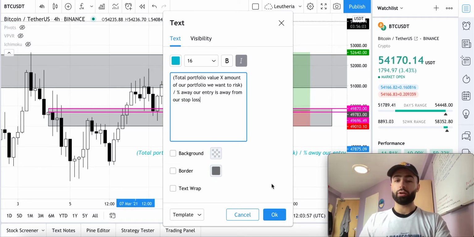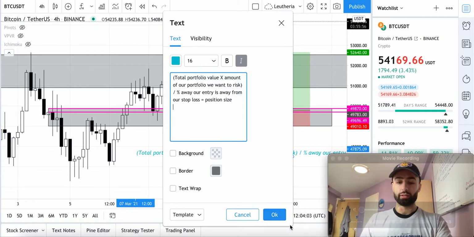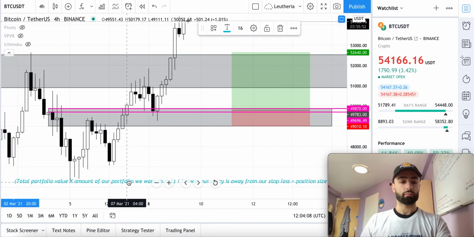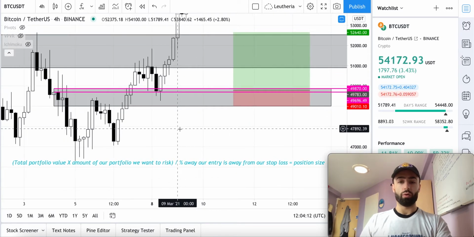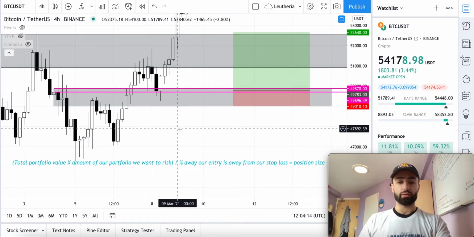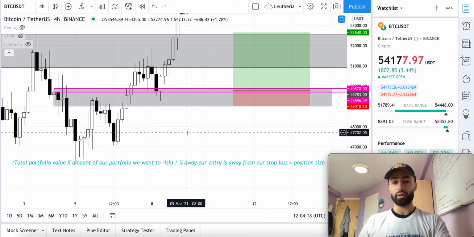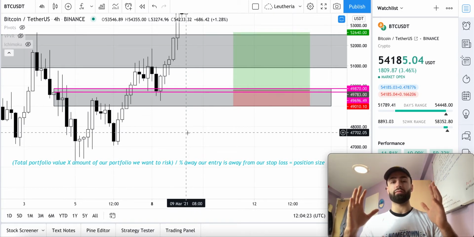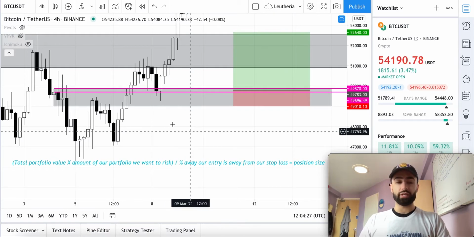And if you've done the work up to this point, you already know what these numbers are basically. So in this case, let's say we had a total portfolio, which is all of your investments, the amount of money that your investments are worth, all of them combined. Let's say that was $15,000.